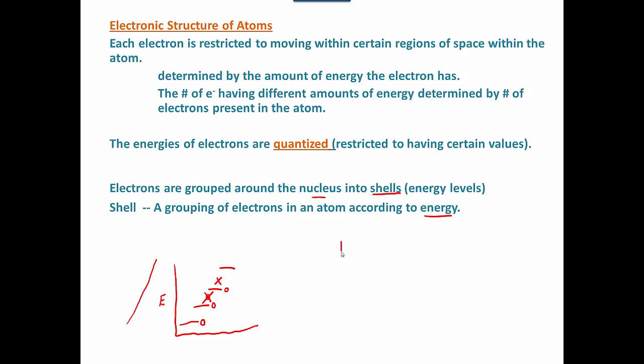And we represent the shell with a lowercase n, and we can have n equal to 1, n equal to 2, n equal to 3, and so on. So this would be the first principal energy level, or the first shell. This would be shell number 2, or the second principal energy level, shell number 3, or the third principal energy level.